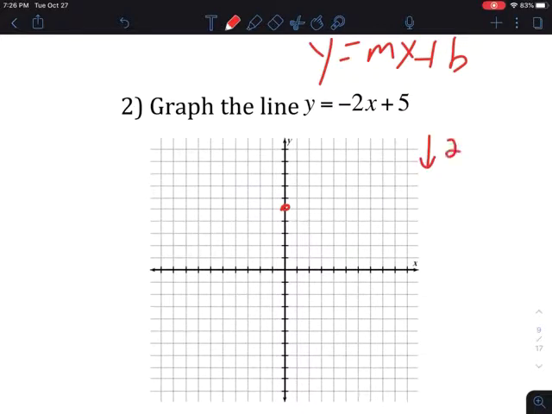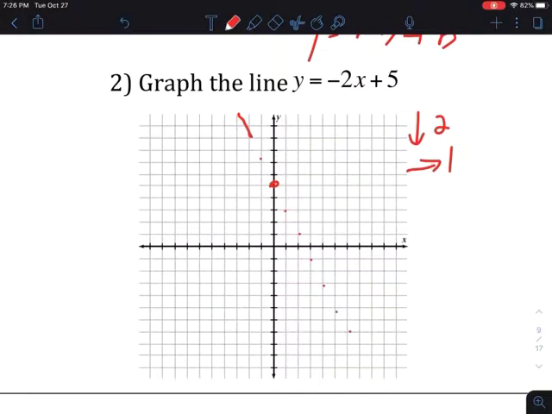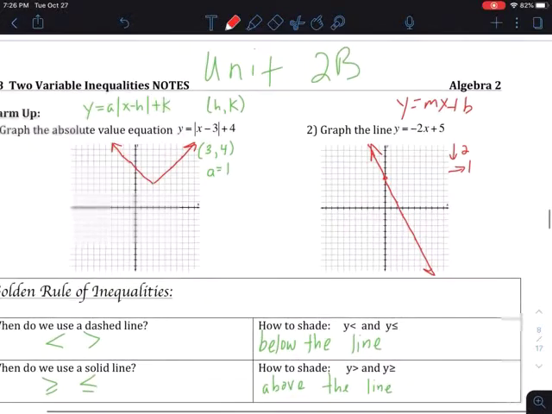So that's down 2 for every right 1. Remember, we want to get as many points as we can, spread it out, so our line looks more accurate. All right, not bad. And there it is.